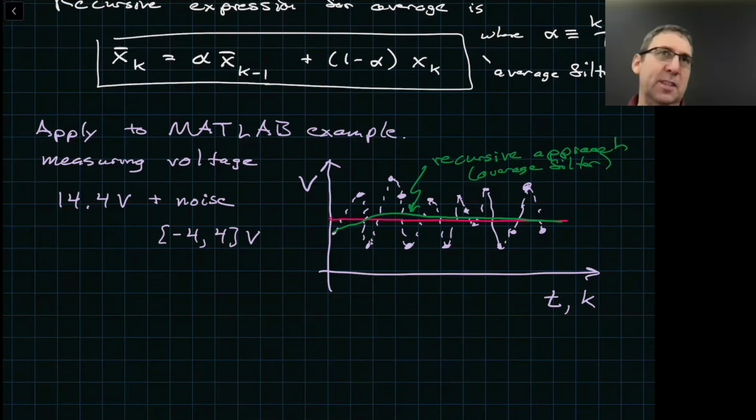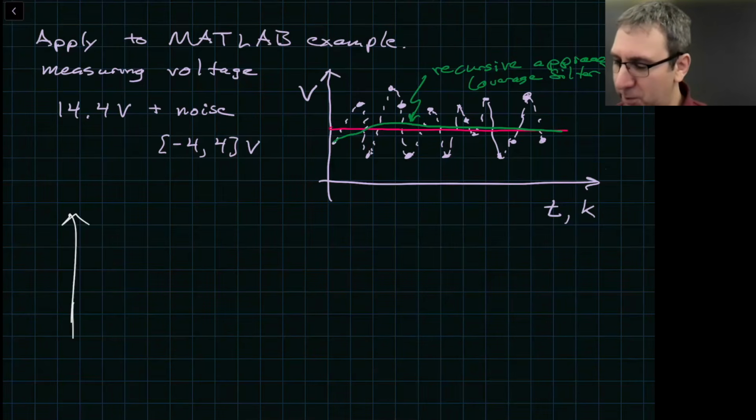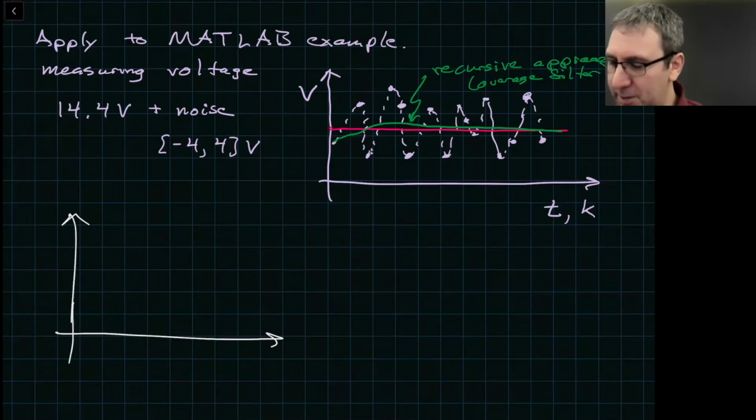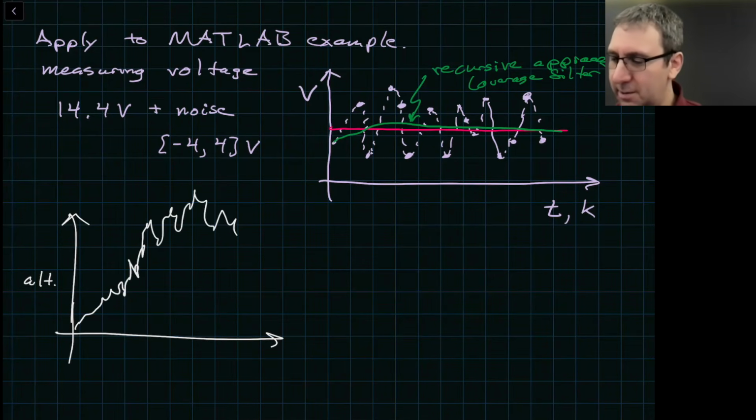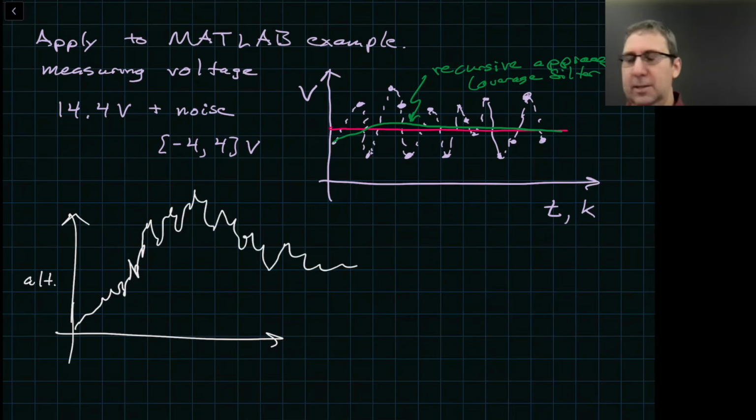But what if you have something that's changing in time? I'll give an example of a measurement where we're looking at the altitude based on a sonar measurement, and it's going to look all messy. If you're doing a test of the altitude for an aircraft or a rocket, and you're using some kind of noisy measurement, you don't want to take the full average.